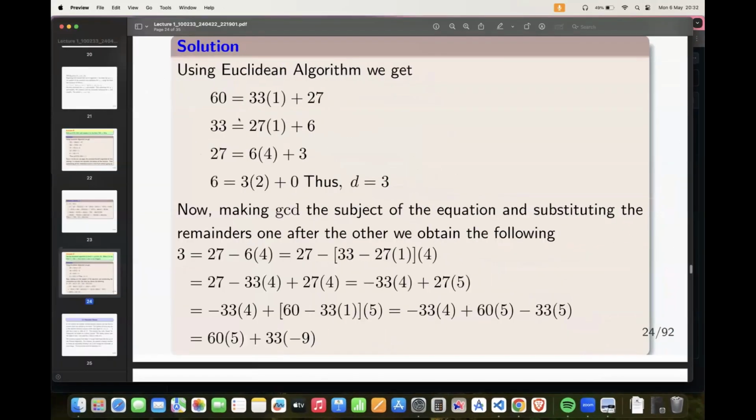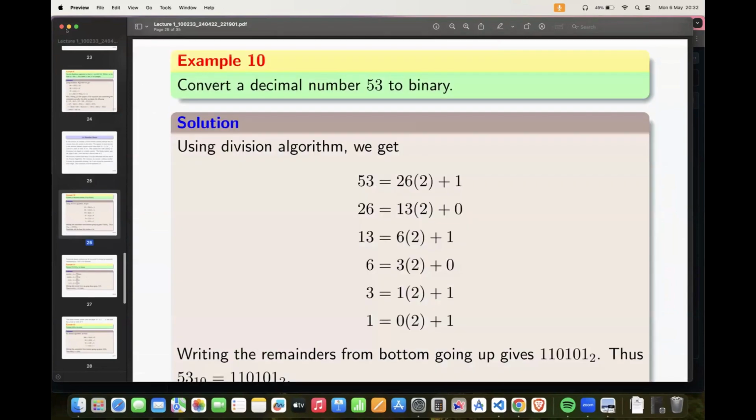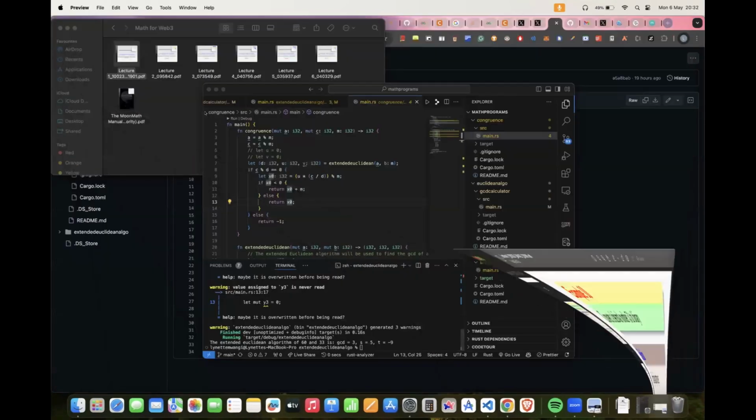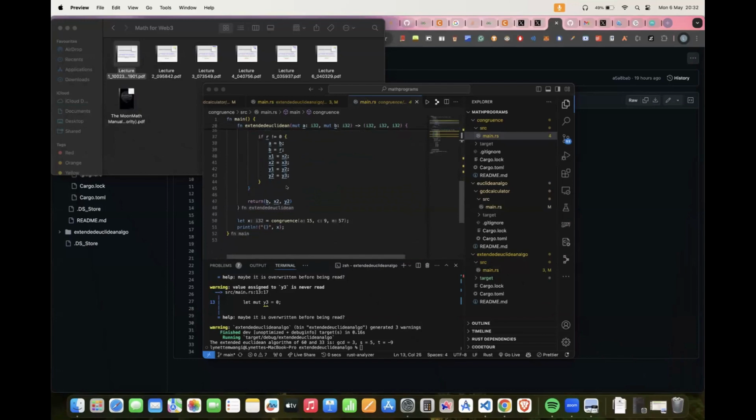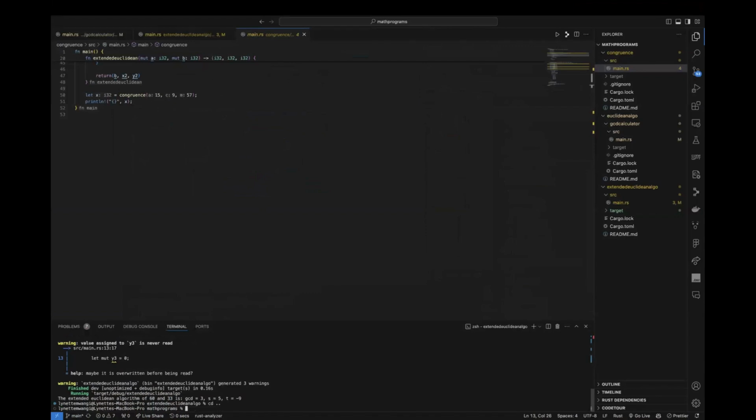Yeah, so I tested it with, let me just use 59 and 57. I believe this one had 3 solutions, but we can only find one for now.